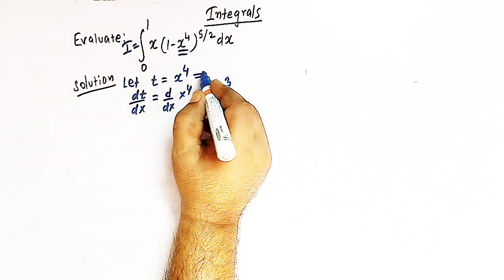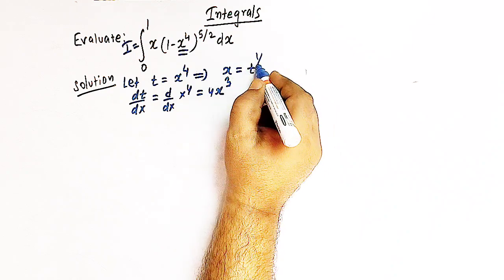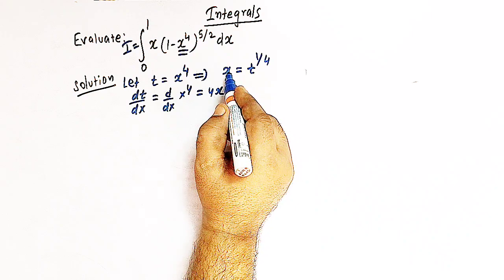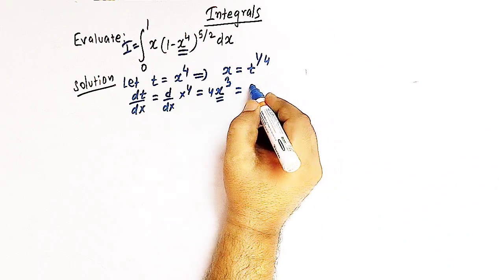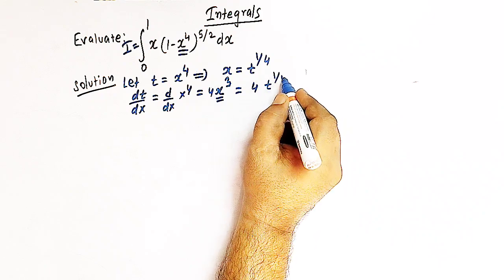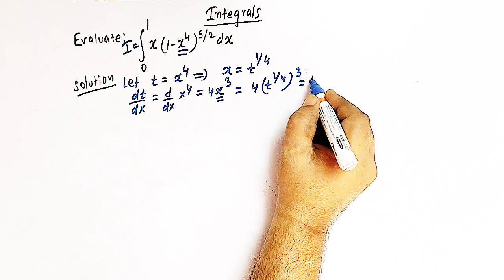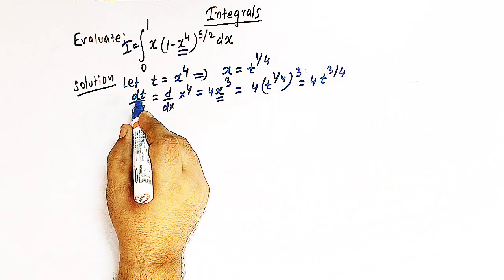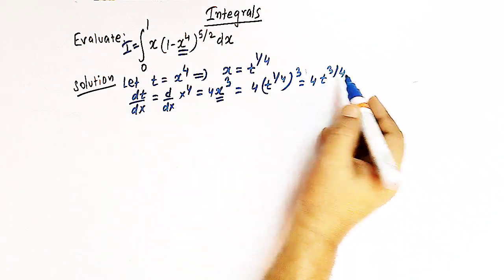Now from this relation we have x = t^(1/4), and taking x = t^(1/4) over here, we have 4 times t^(1/4) raised to 3. So this is 4 times t^(3/4). So dt/dx = 4t^(3/4).